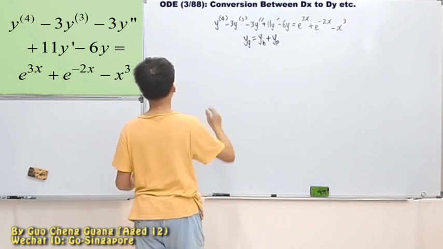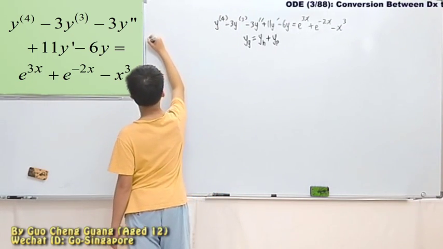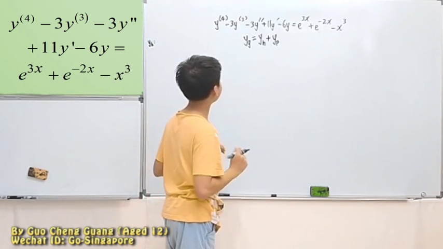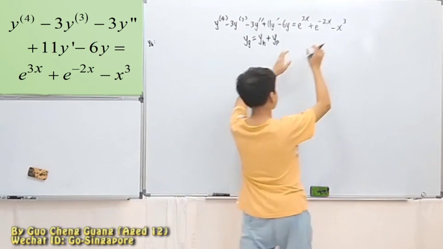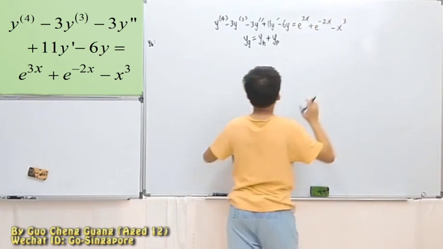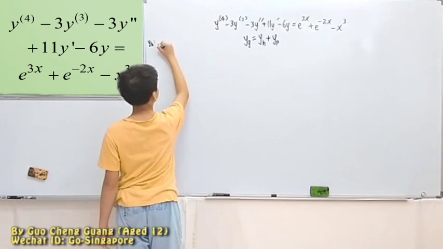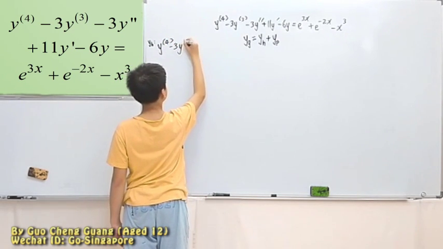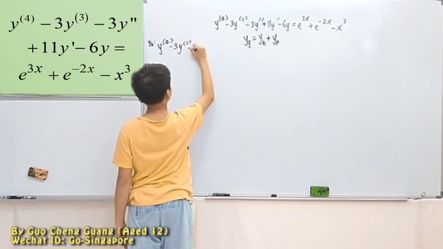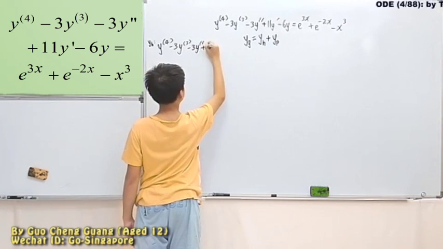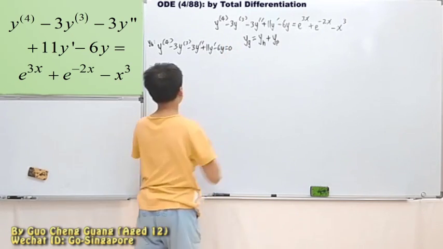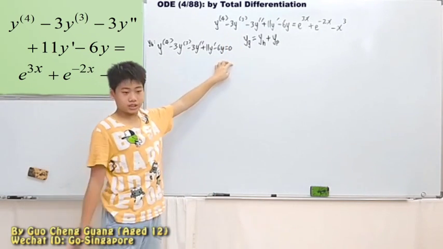Okay, from here, we first find yh. That means we just take the part behind as 0. When written down, it looks like this.